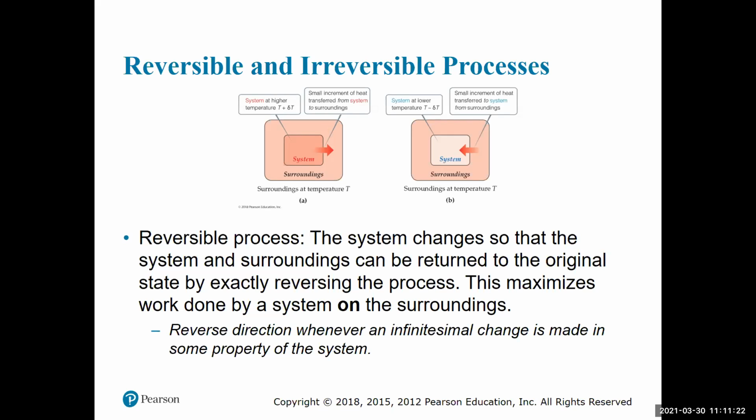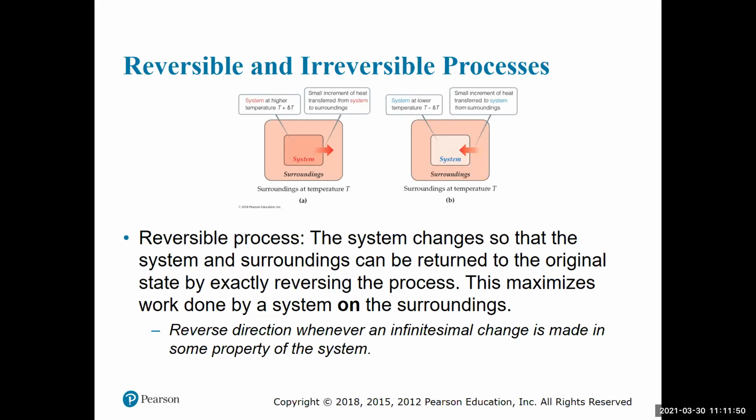On the right-hand side, we have a similar thing, except in this case the system, in the middle, this lightish pink color, has had its temperature lowered a little bit. So now the system's temperature is a little bit too low. To get it back into balance, a small amount of heat transfers from the surroundings into the system.